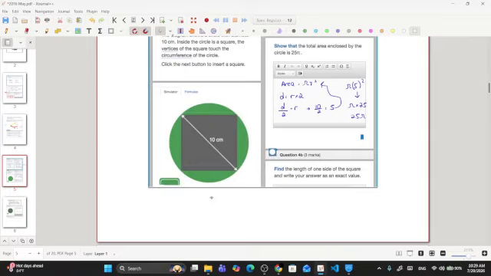All right. Let's consider it like this. Find the length of one side of the square. This is a right angle triangle being created. I always tell my students, whenever you see a right angle triangle, three things should come into your mind.